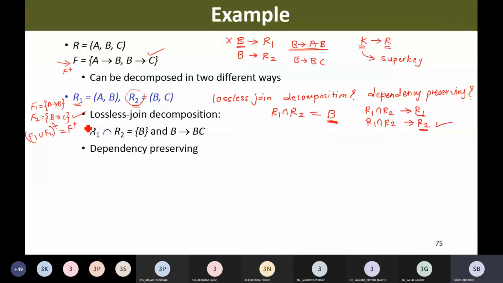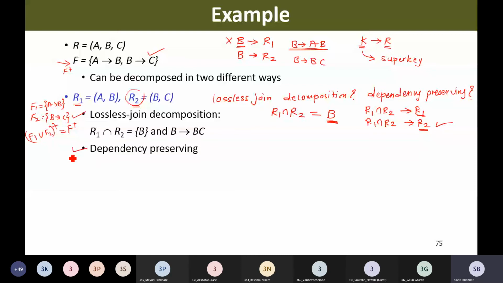To test any functional dependency from this list, I do not need to compute a join. A to B can be tested with R1, B to C can be tested with R2. So I need not test a dependency after computing the join of these two relations. And that is why I may say that this decomposition is dependency preserving as well.